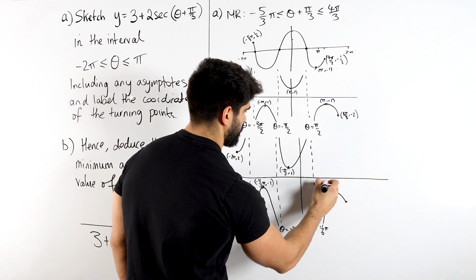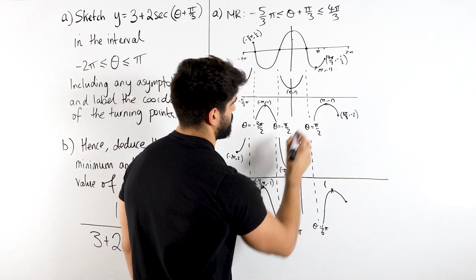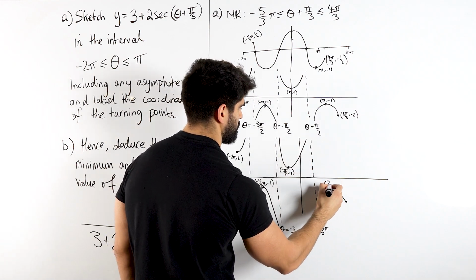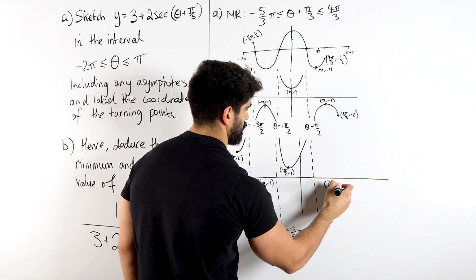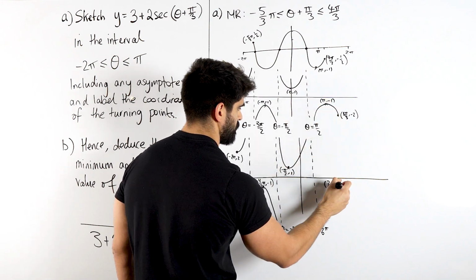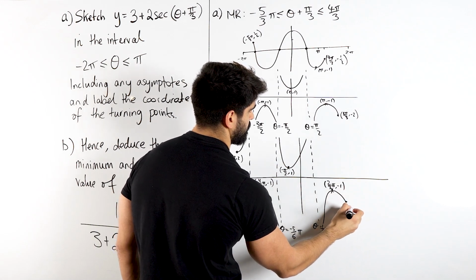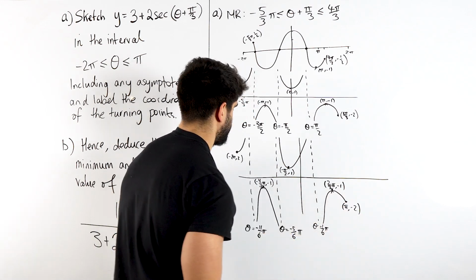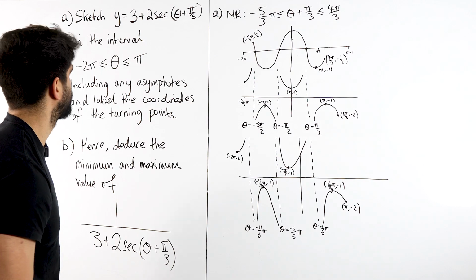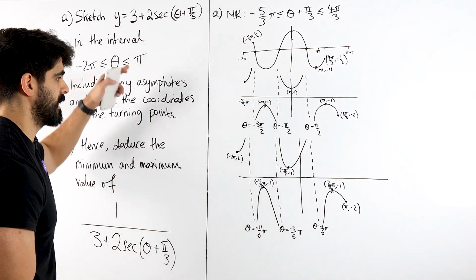This point here is at, what would that be? That'll be at 2/3 pi now. And why did I write, yeah, minus 1. What am I doing? I'm bugging. Then this, when you minus, is going to take us back to pi. And there you go. There's the sec graph between minus 2 pi and pi.